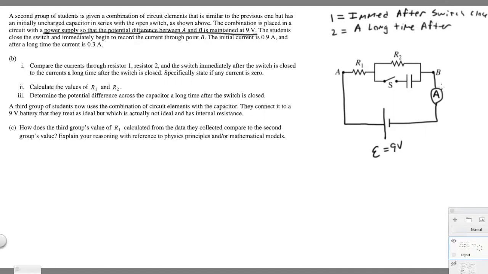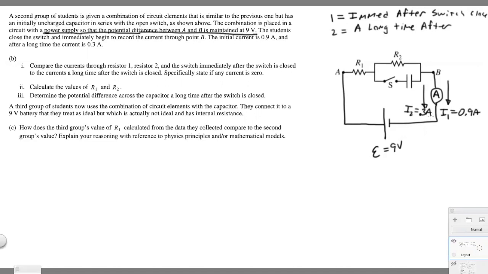So our ammeter reading here, I1, which is immediately after, is 0.9, and then I2, which is a long time after, is 0.3. So we have 2 different current readings.